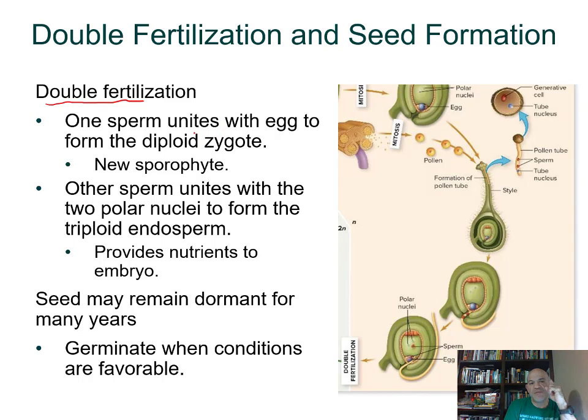Remember, one of the sperm is going to unite with the egg to form the zygote, and that would be your next generation diploid sporophyte. The other sperm is going to unite with the two polar nuclei to give you your 3N, which is your triploid endosperm, which will be the nutrients for the embryo. Okay, so then the seed forms, the fruit forms.